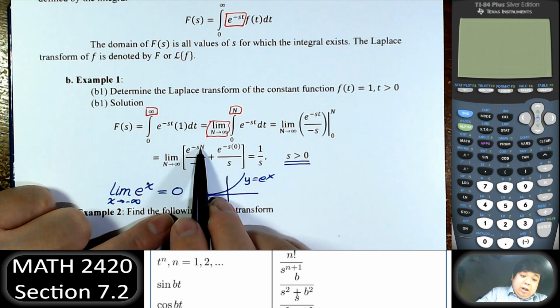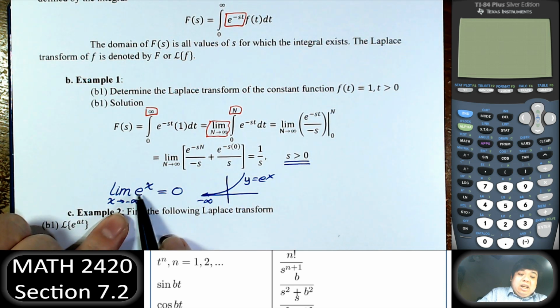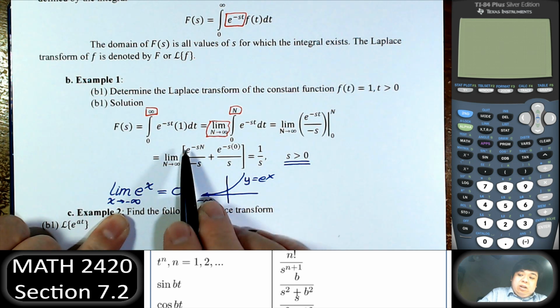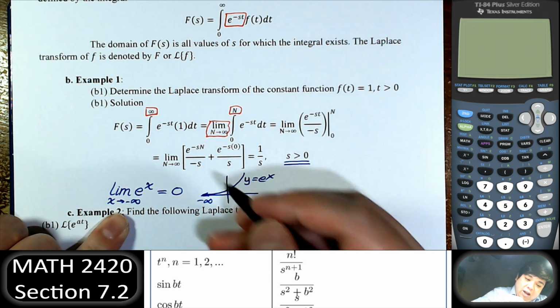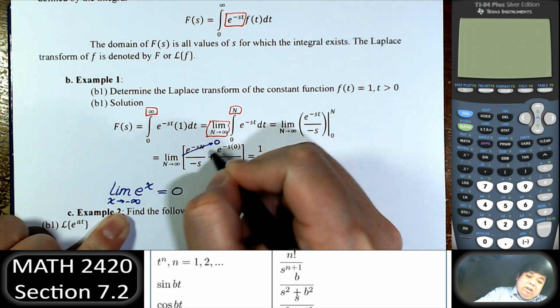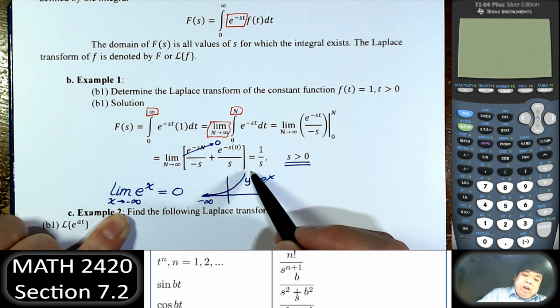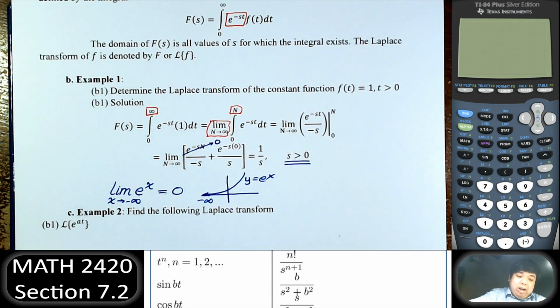So the 0 over negative s cancels out, and e to the 0 power is 1, so we end up having 1 over s.